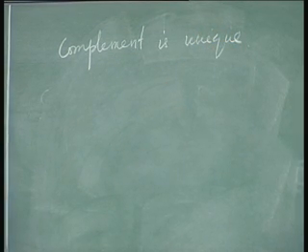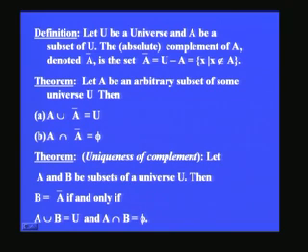That is denoted by this theorem. Let A and B be subsets of a universe U. Then B is A's complement A bar if and only if A union B is equal to U and A intersection B is phi.